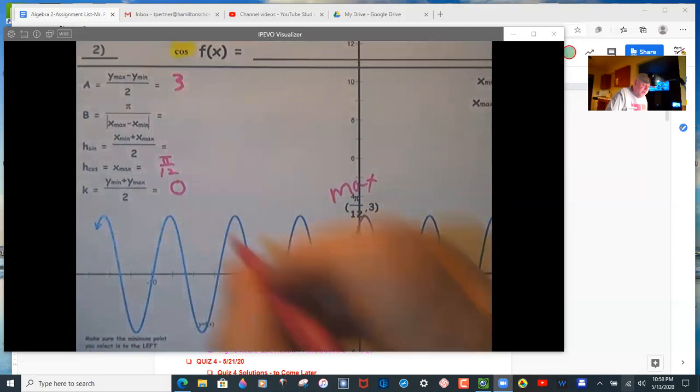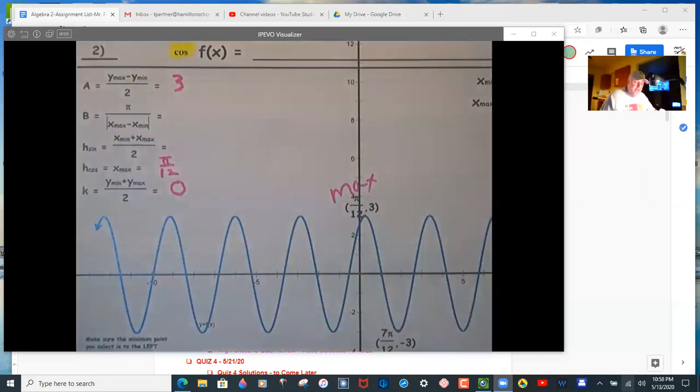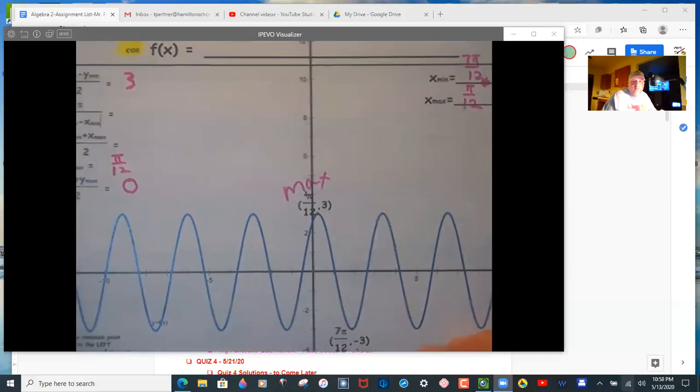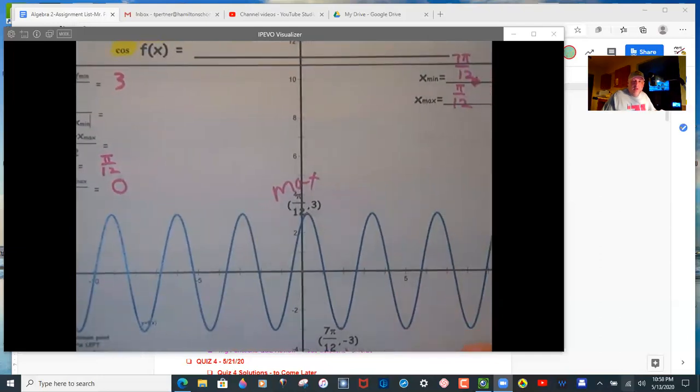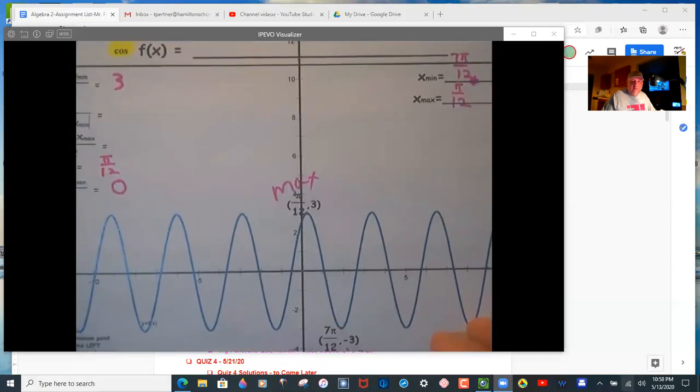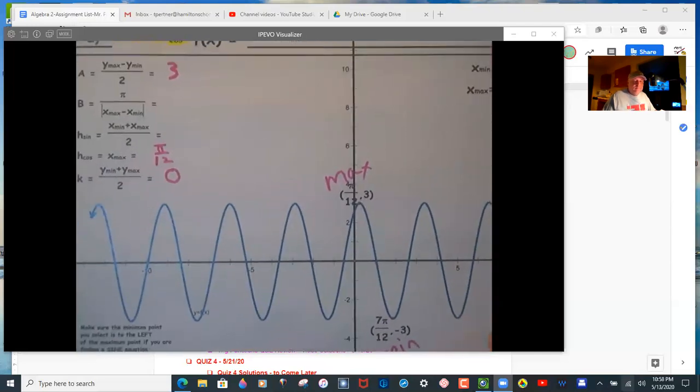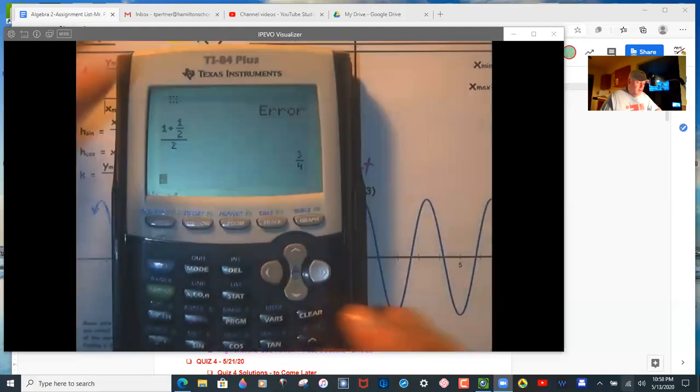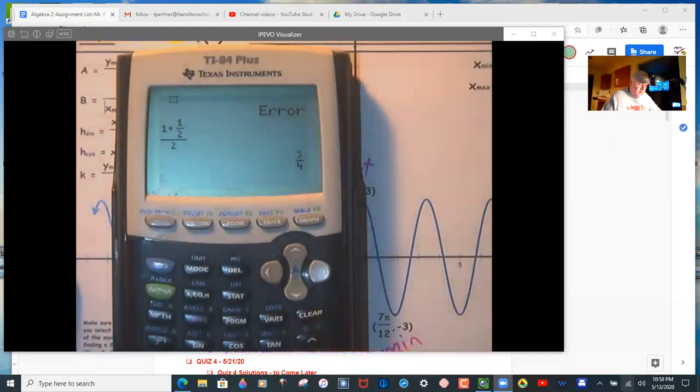And then the b calculation. So pi over the x max minus the x min, and that's absolute value, so you make it positive. So it's pi over 1/12 minus 7/12, absolute value. Okay, so we'll just make it positive when we do it.